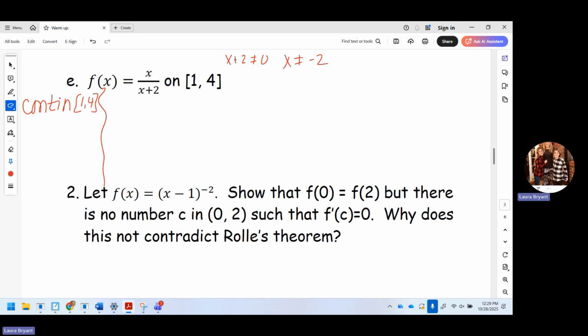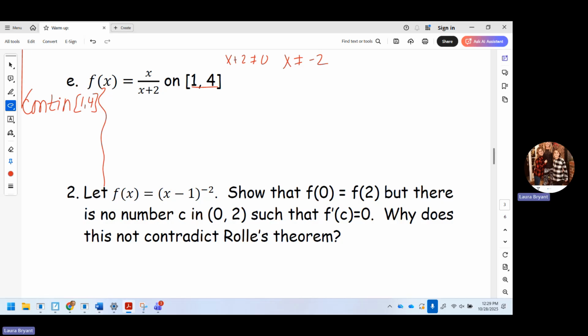My interval is 1 to 4, and my asymptote is at -2. If -2 is an asymptote but I'm only considering 1 to 4, this actually still passes the test. That's like a check mark. So it does pass continuity because the discontinuity is at -2, which is not between 1 and 4.